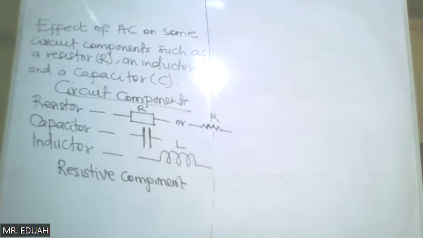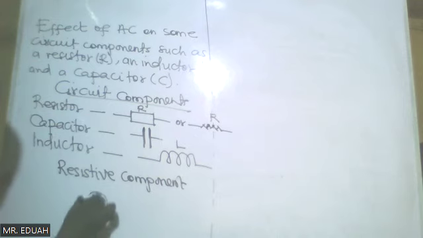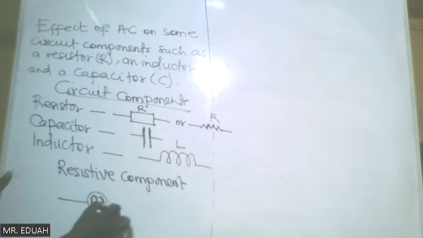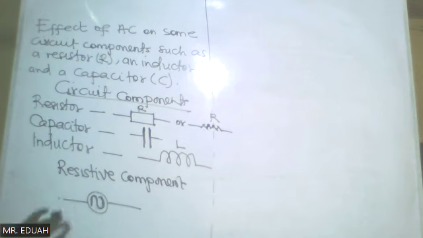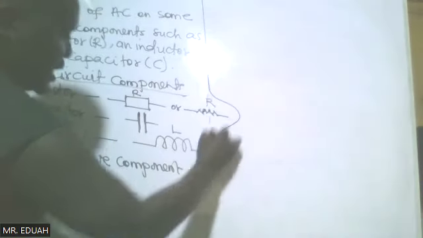So if I have an AC, alternating current, in a circuit it is represented by this. Unlike a DC source, where we indicate positive and negative, this time here we don't do any indication.